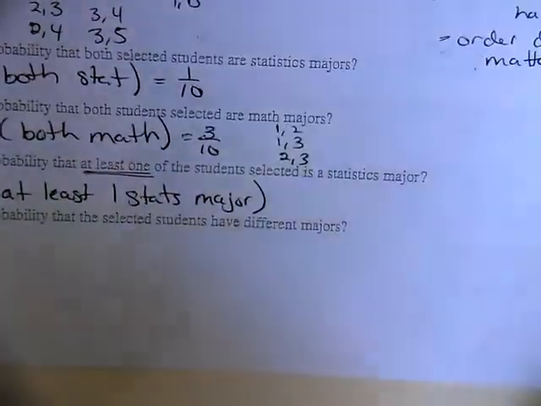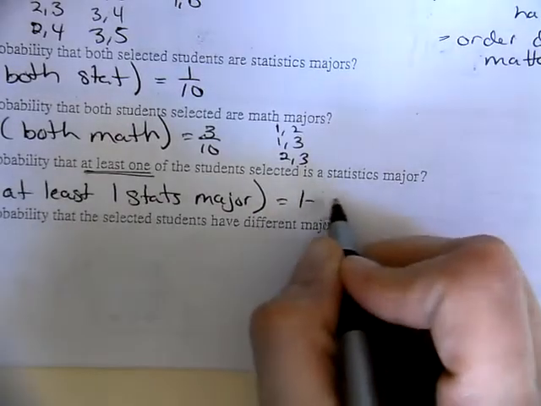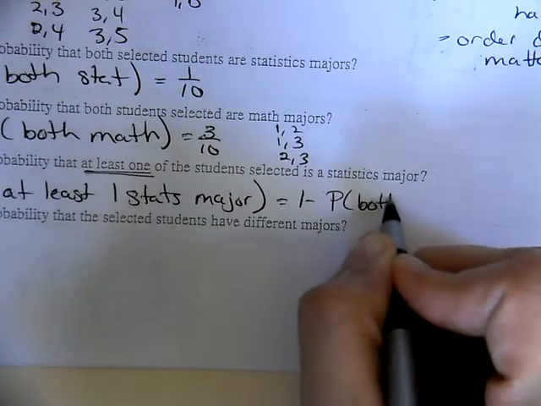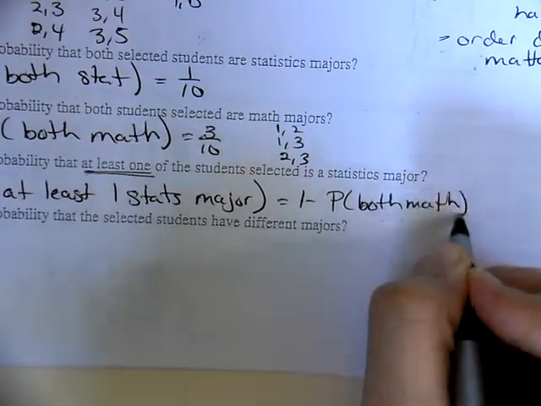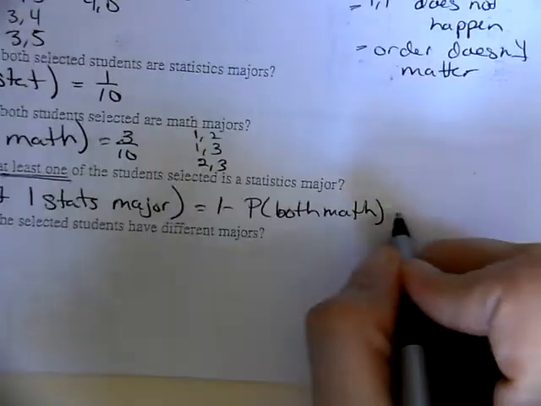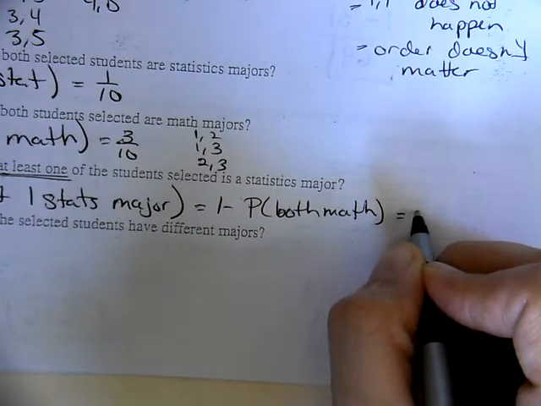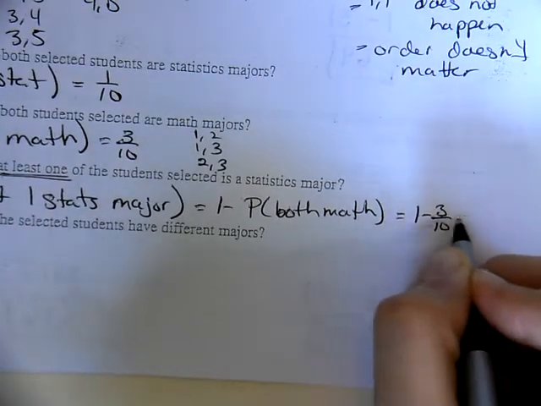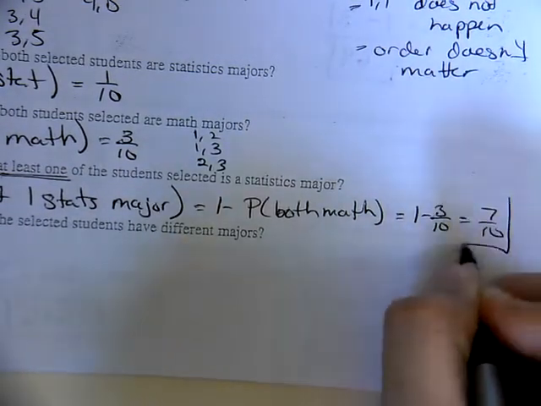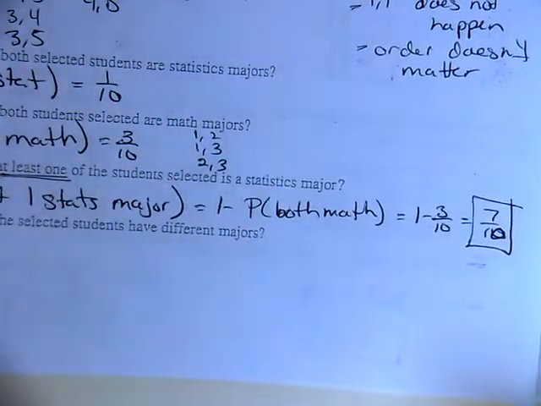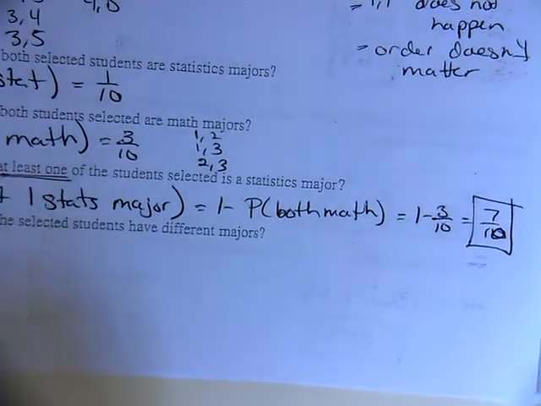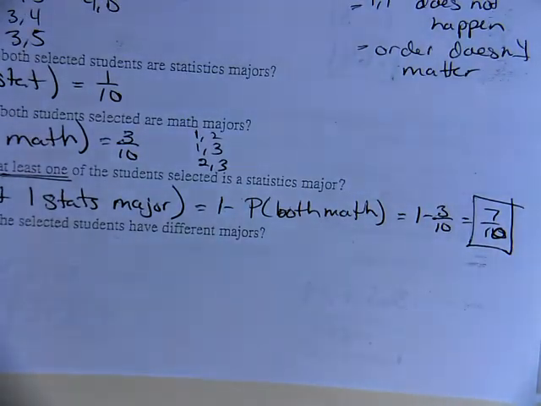Or sometimes it's easier to just do 1 minus that they're both math, because that would be the complement, which we already figured out. So 1 minus 3/10, so 7/10. Or you could just count which ones have a 4 or a 5 in them. Either way, you should get 7/10.